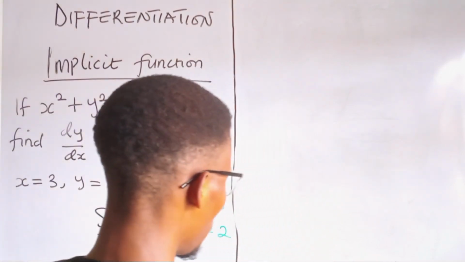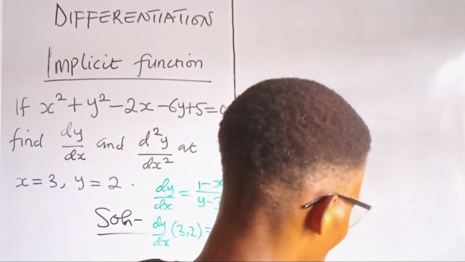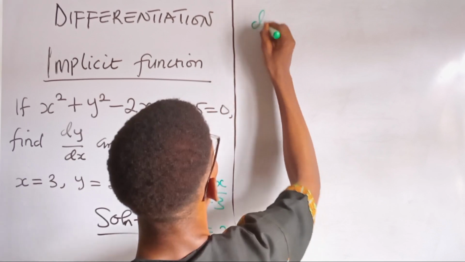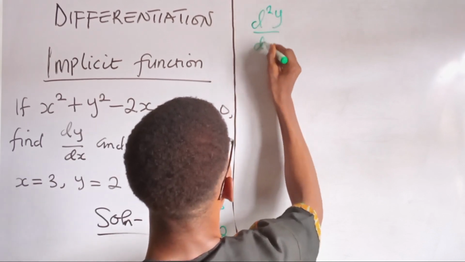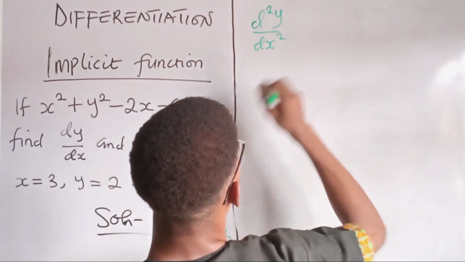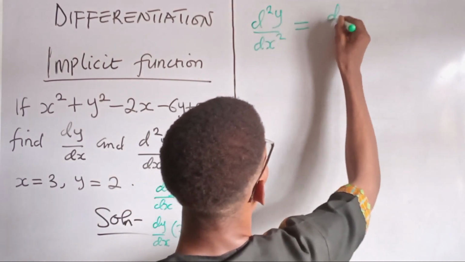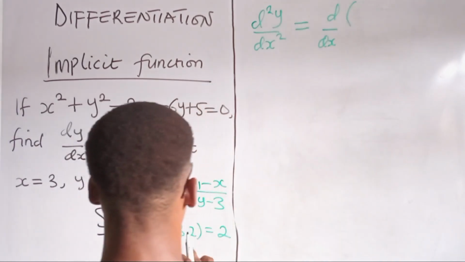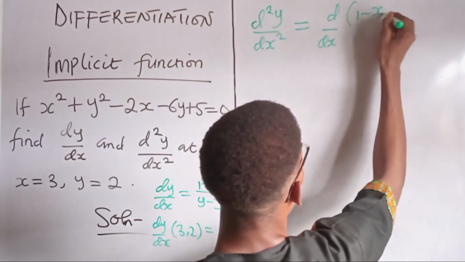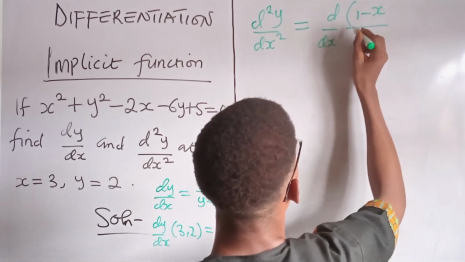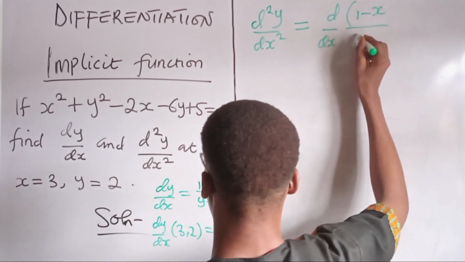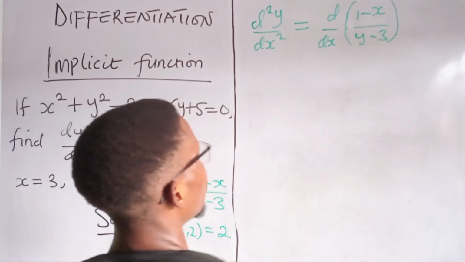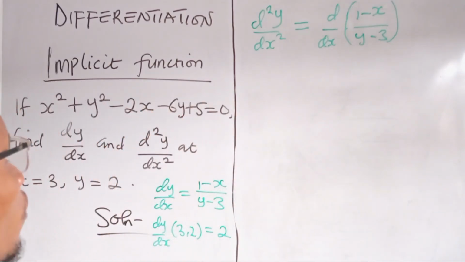So what you need to do there is say the second derivative d squared y over dx squared is now equal to d over dx of (1 minus x) all over (y minus 3). So we are going to find the derivative of this.